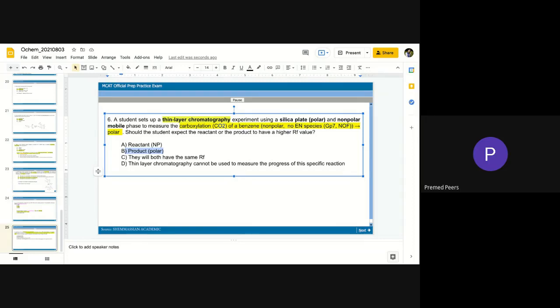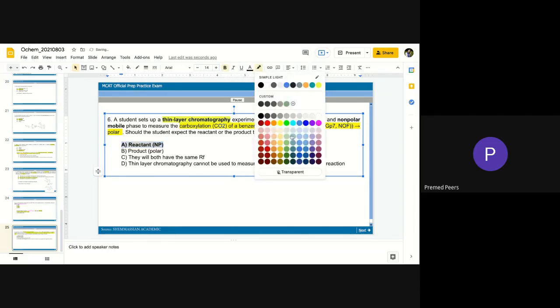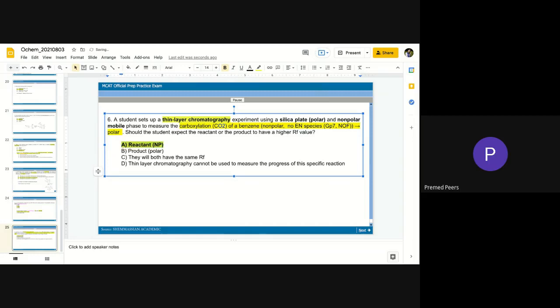What is going to be carried onto the mobile phase and travel a further distance to achieve a higher RF value would be our friendly non-polar reactant, right? So any clarification that I need to make? So it is A, polar.